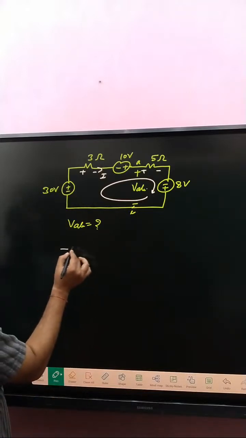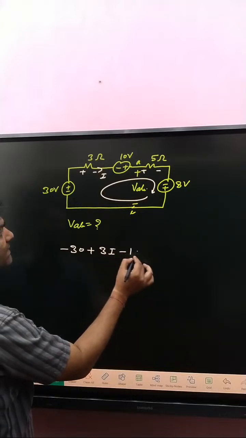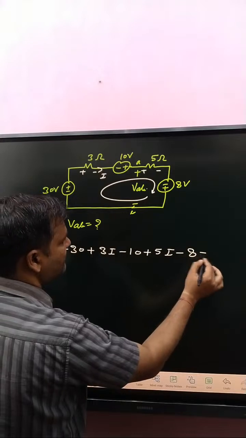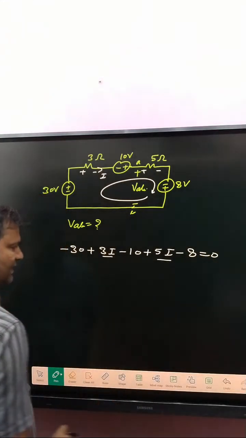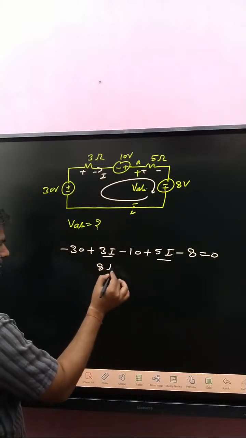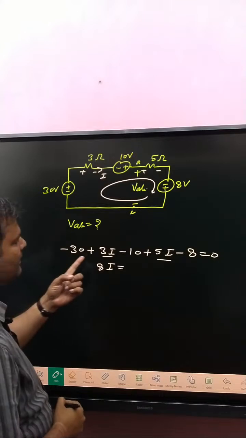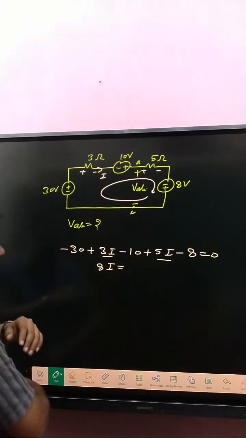Minus 2 plus minus 30 plus 3I minus 10 plus 5I minus 8 is equal to 0. 3I plus 5I, that is 8I, this is equal to 30 plus 10, 40, that is 48.